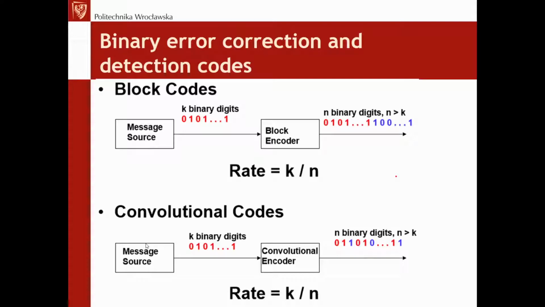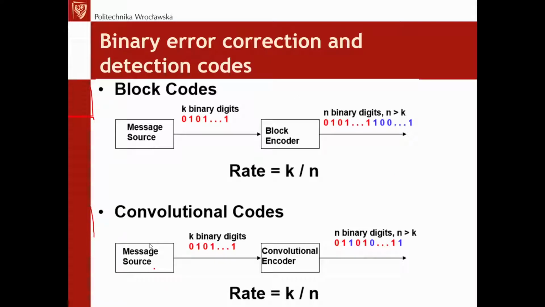There are a couple of methods of doing that detection and correction. This is a pretty large area of technology. We have block codes, and we have convolutional codes.